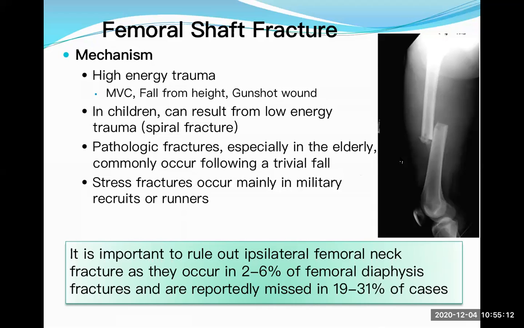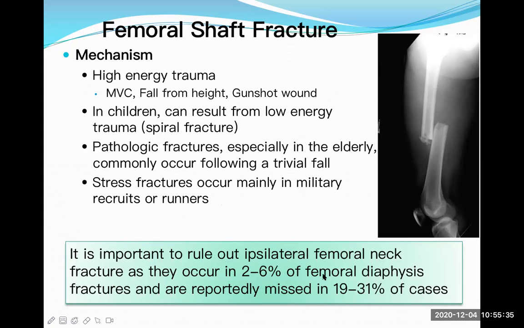But having said that, the shaft of the femur is still not a common bone to get fractured in this type of situation. The neck of the femur is very common to fracture rather than the shaft. Stress fracture occurs mainly in military recruits or runners. Cases have been reported.